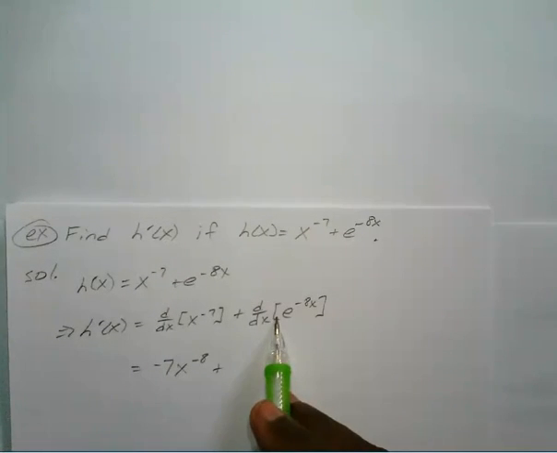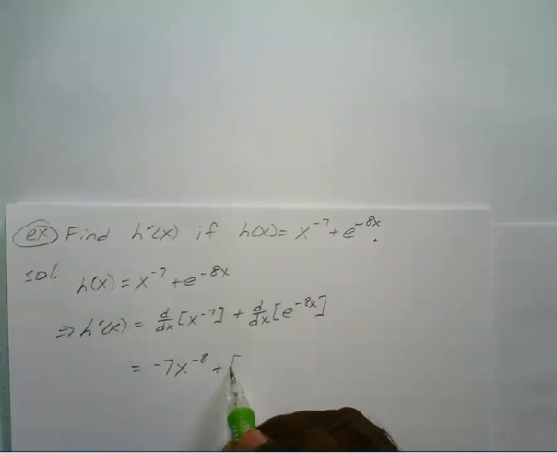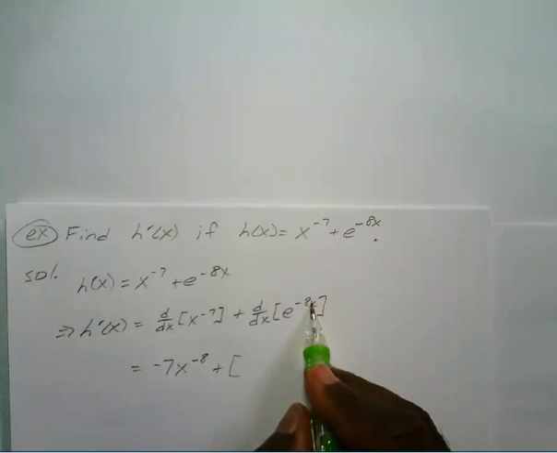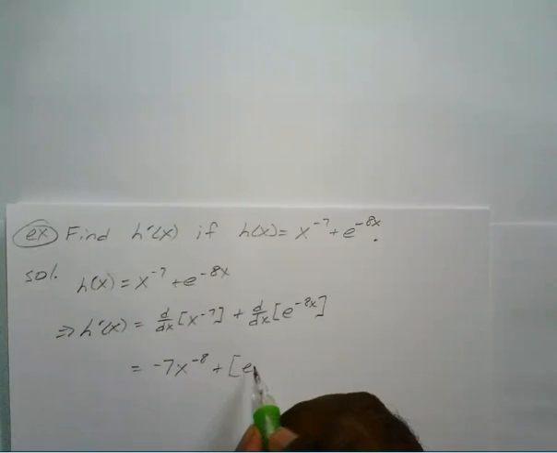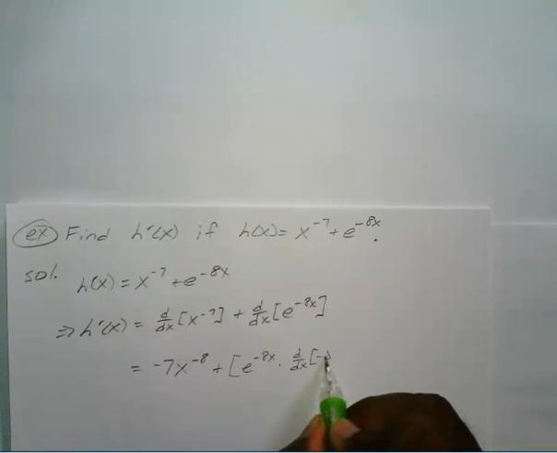Plus the derivative of e to the power of negative 8x, which is going to equal e to the power of negative 8x times the derivative of that negative 8x.